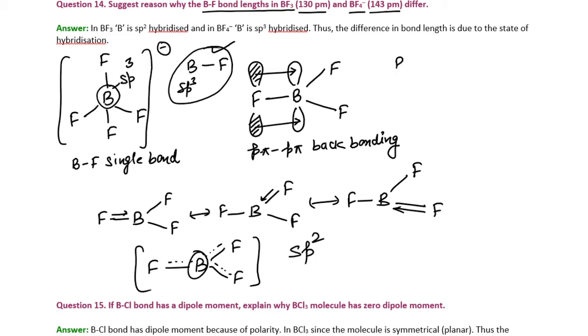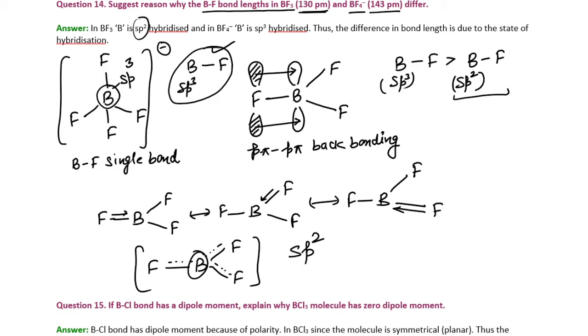So boron in the sp3 hybridized state is longer in length than boron in sp2. So it is 130 picometer in the case of BF3 due to double bond character, and at the same time due to the sp2 hybridization.